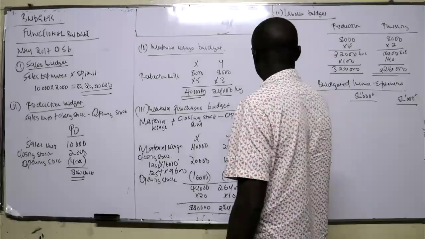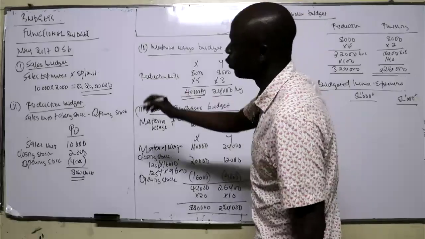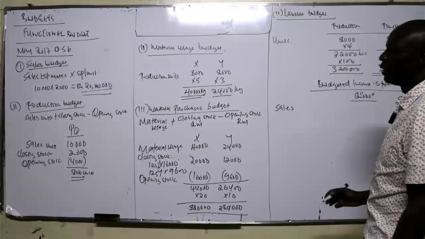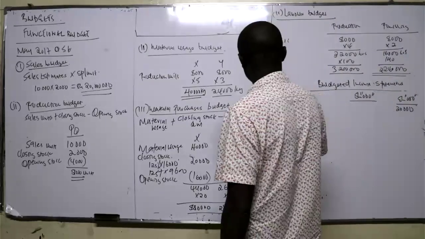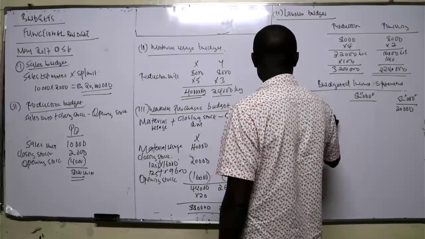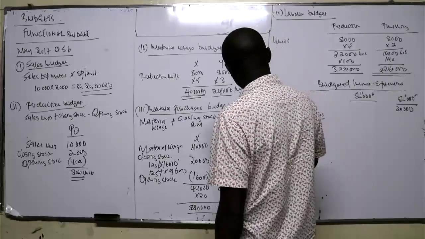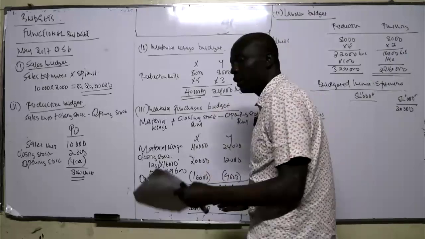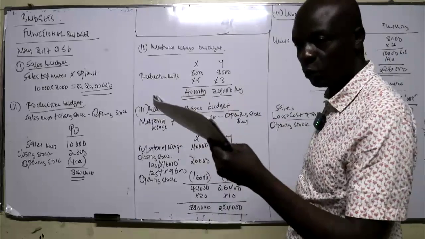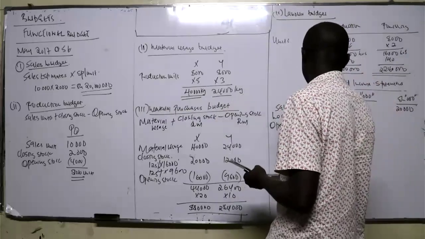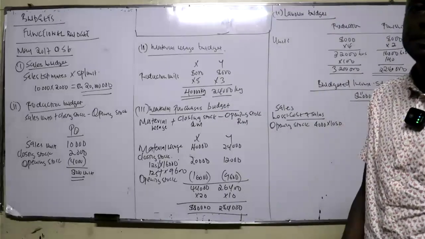So budgeted, when you talk about income statement, sales must come into your mind. So the budgeted sale is 20 million. So we write here 20 million, isn't it? Then we less cost of sales, isn't it? Cost of sales is the opening stock. Opening stock of finished goods, we have been told they had 4,000 units. Each unit is valued at 1050.